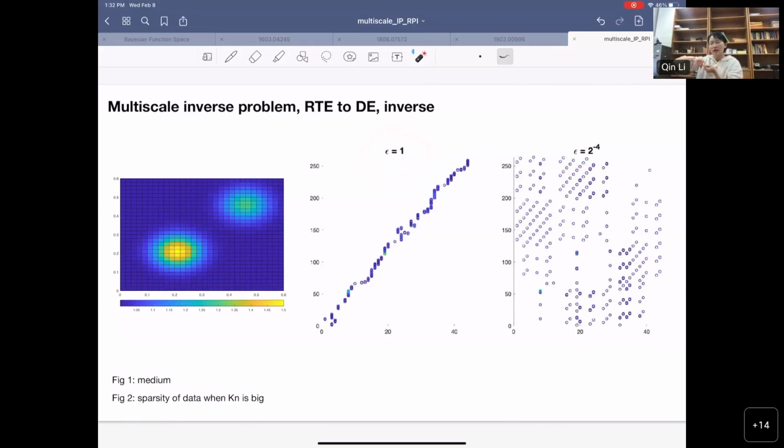That means your laser light truly just goes in a straight line, and on the other side of the domain, there's one point where you can see my laser. You move to a different spot, you cannot see my laser. So this is exactly what is happening. The x-axis is the different location I put my laser in, and the y-axis is the different location where I detect the intensity of the received light.